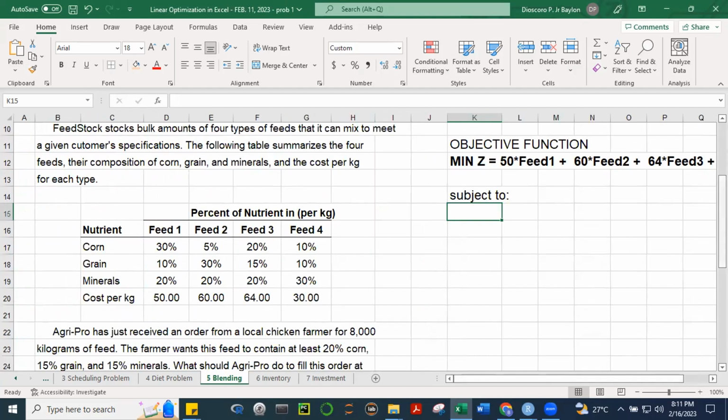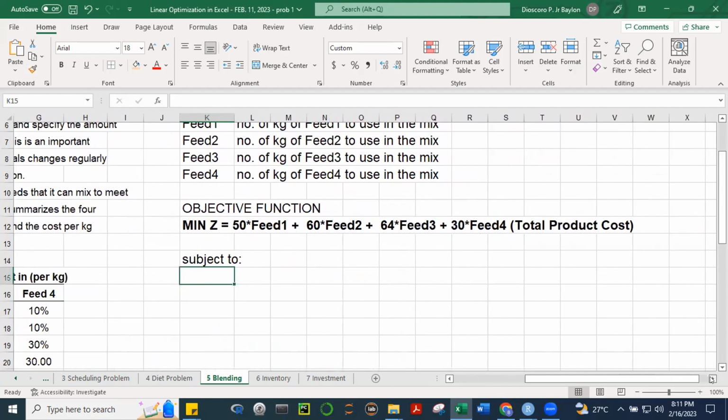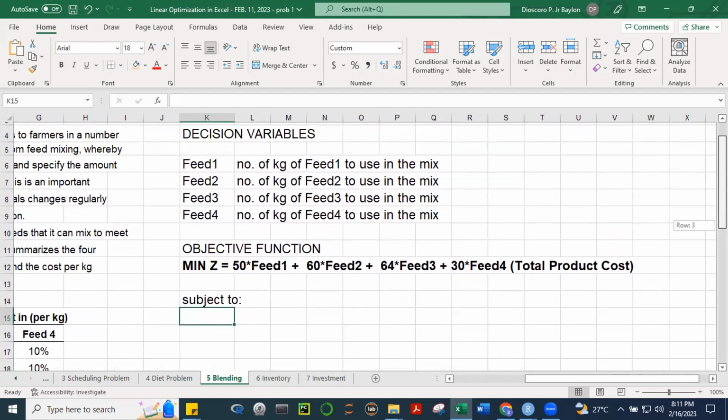Okay, 8,000 kilograms. And how do we write that? The total of feeds, sum of feed 1, 2, 3, 4 should be equal to 8,000, sir. Okay. You agree, class? When we add feed 1, feed 2, feed 3, and feed 4, the total of that should be 8,000 kilograms. Right, class?